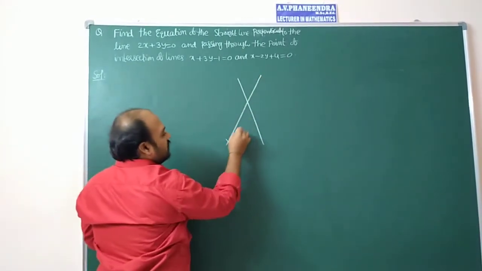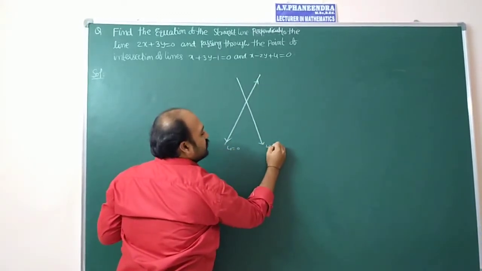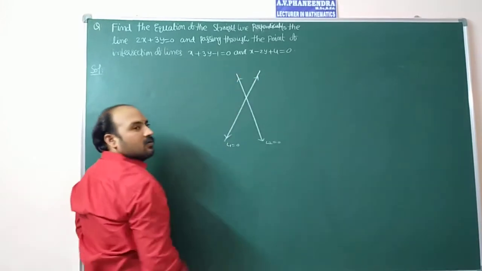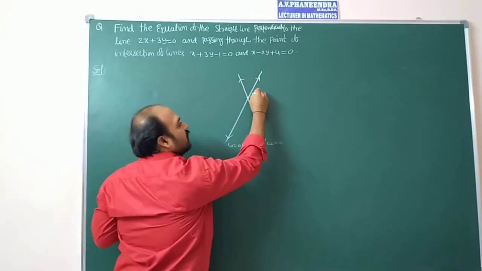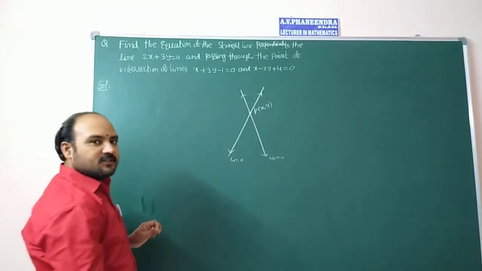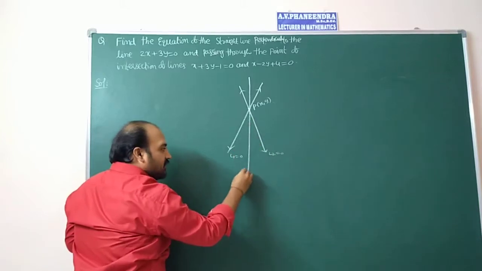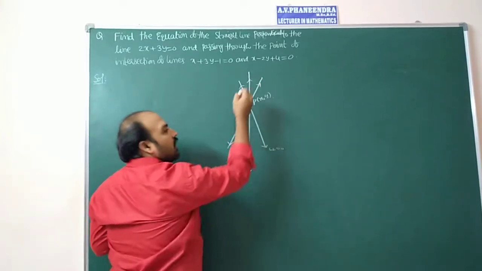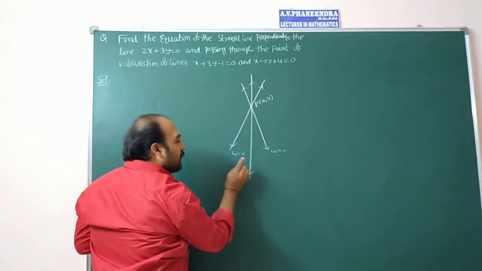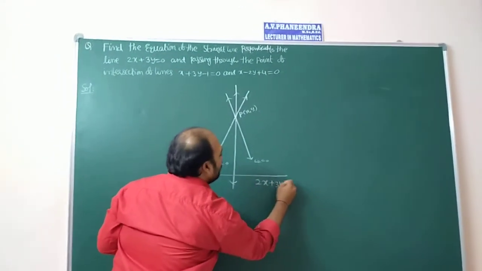The two lines we are considering as, one is L1 equal to 0, another one is L2 equal to 0, which are intersecting at the point P of x comma y. What they are asking is the equation of line which is passing through the point of intersection of these lines, and this line is perpendicular to 2x plus 3y equal to 0.